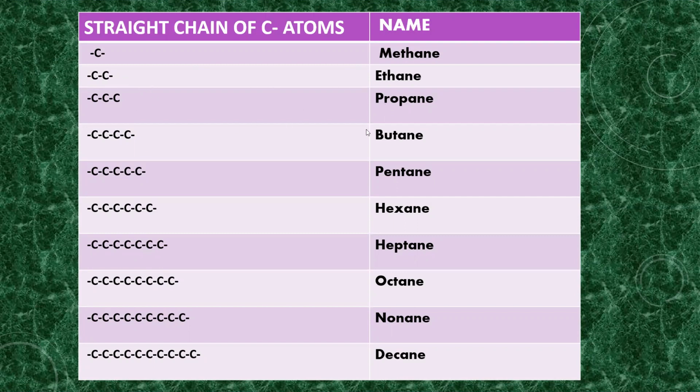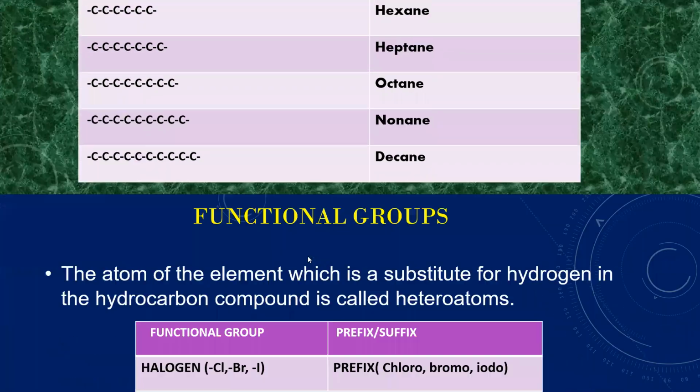Four carbon atoms, butane. Five carbon atoms, pentane. Six carbon atoms, hexane. Seven carbon atoms, heptane. Eight carbon atoms, octane. Nine carbon atoms, nonane, and ten carbon atoms, decane. So this table you have to learn.